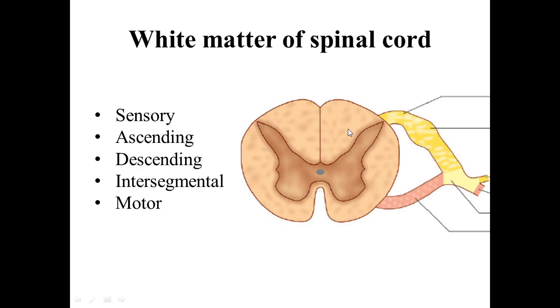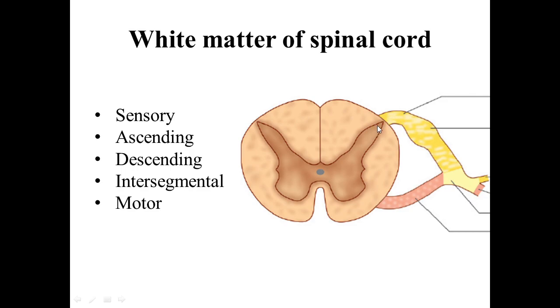Now, in the white matter, there are five groups of nerve fibers: the sensory fibers, ascending fibers, descending fibers, intersegmental fibers and motor fibers. The sensory fibers enter through the dorsal nerve root.